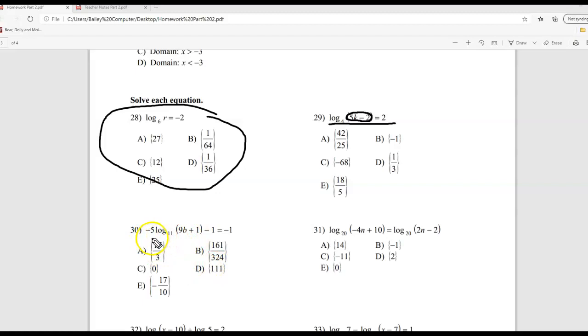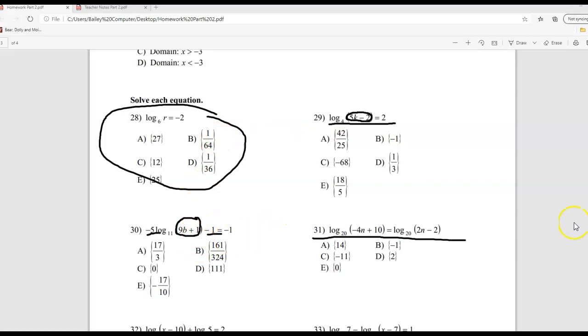We have other types of logarithm equations where you have numbers outside the log as well as in your argument. So we have outside numbers. And then this one is another type of question as well, because in this particular case you have logs on both sides of the equation. Notice that we don't have that in these other ones.